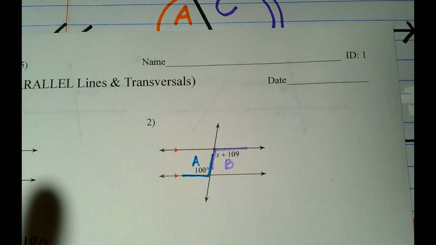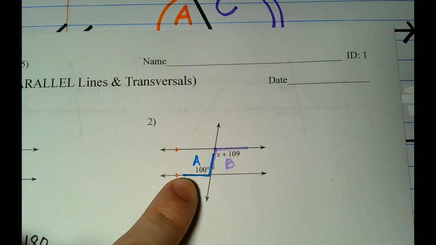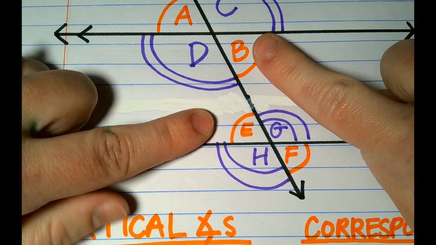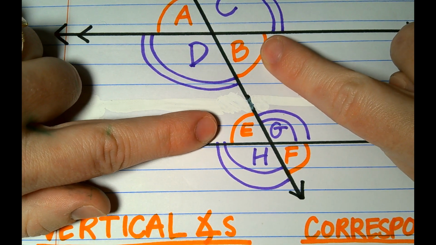I have one on the right on the inside, one on the left on the inside. That would be like B and E, right? How are those related to each other?